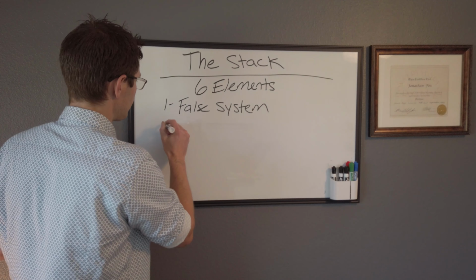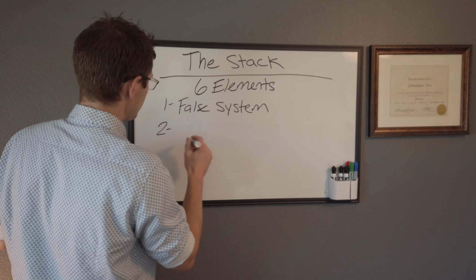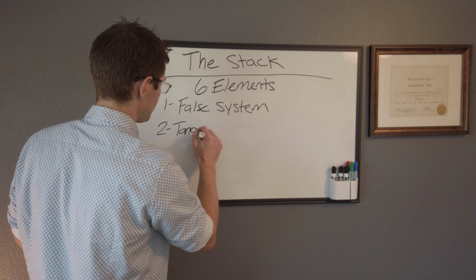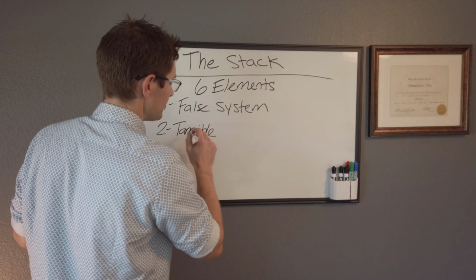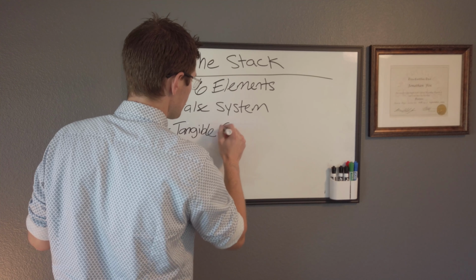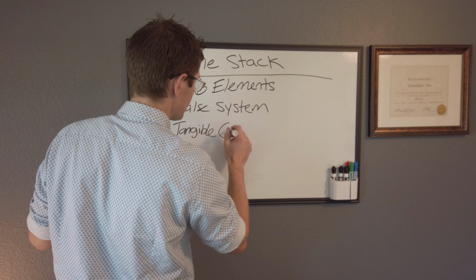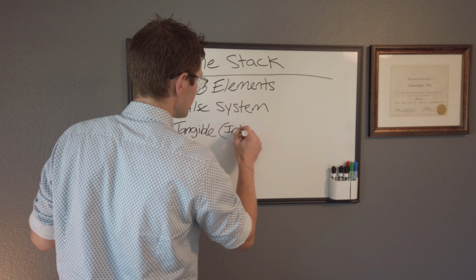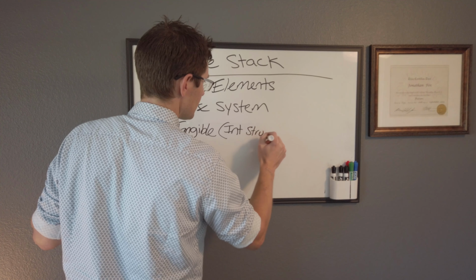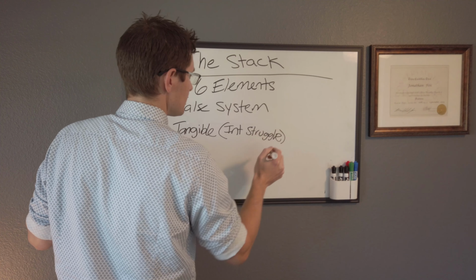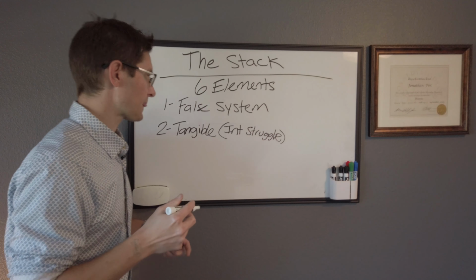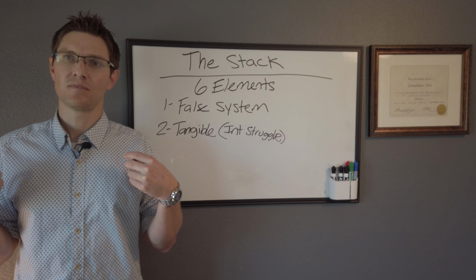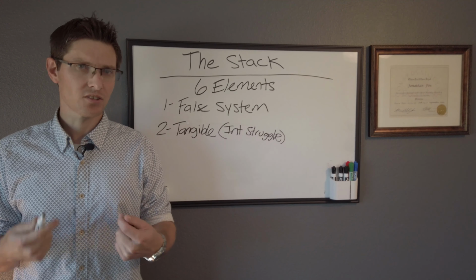Okay, and then the second would be something tangible. I'm going to spell this wrong, I know I am. And this will be for internal struggles. I'm sorry, for the internal struggle. So say that they feel like they're not tech savvy, or they feel like they can't stick to a diet, or something like that.